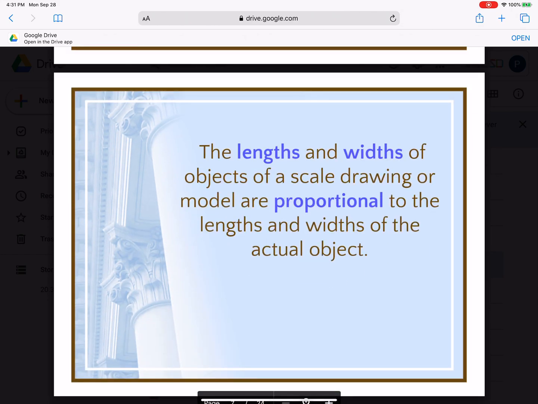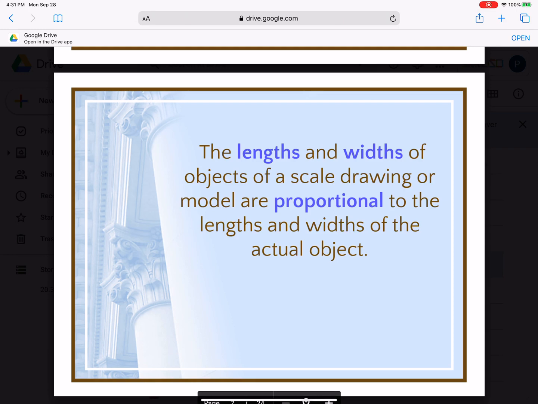The lengths and the widths of objects of a scale drawing or model are proportional to the lengths and the widths of the actual object. Sounds about right, right?